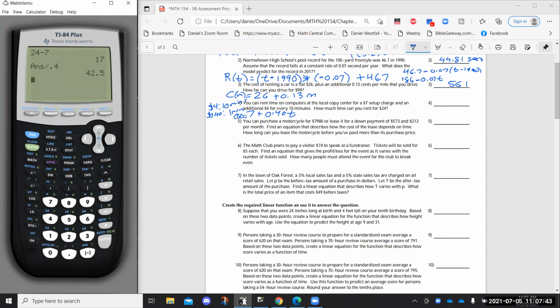Since it says they're charging in 10-minute intervals, I'm going to assume here that I can only get 40 minutes, because as soon as I go over 40 minutes, I assume I'm going to get charged for the next 10 minutes with the way that the problem reads. Again, my answers are not going to match the answer key, but I'm reading the problem that it says you're being charged in 10-minute intervals, so I better give my answer in 10-minute intervals.